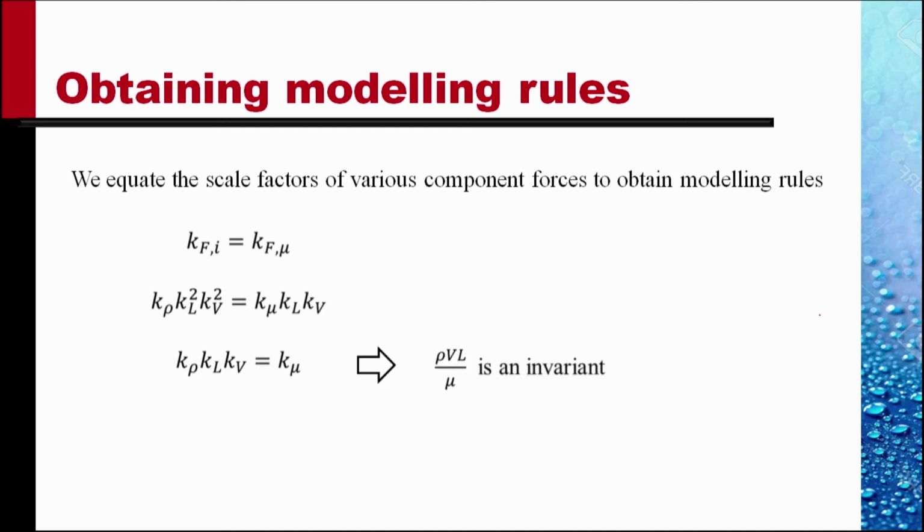And from this, I get rho Vl by mu as an invariant. That if the two flows are to be similar, the value of this parameter rho Vl by mu should be identical in the model as its value in the prototype.